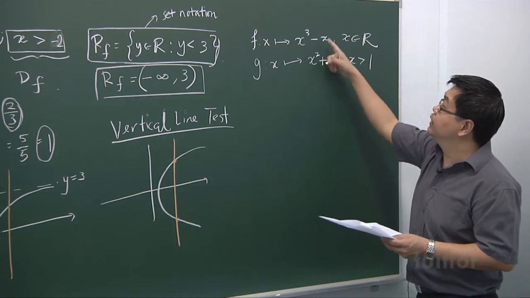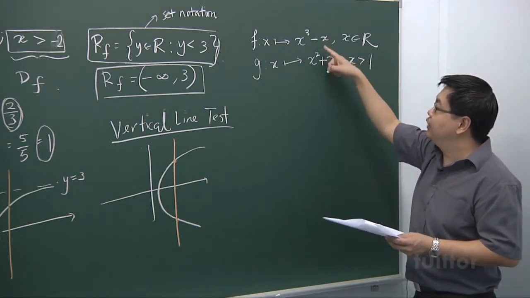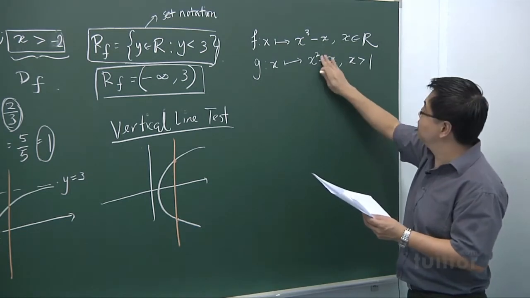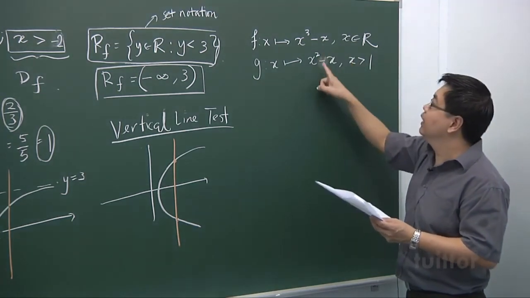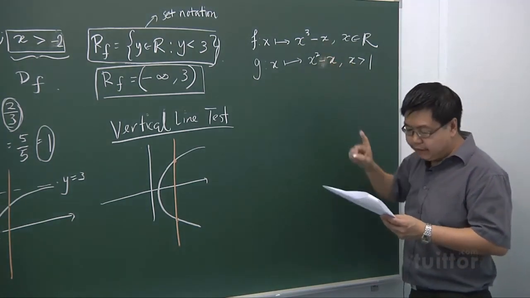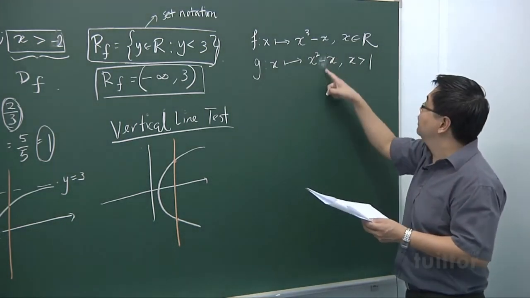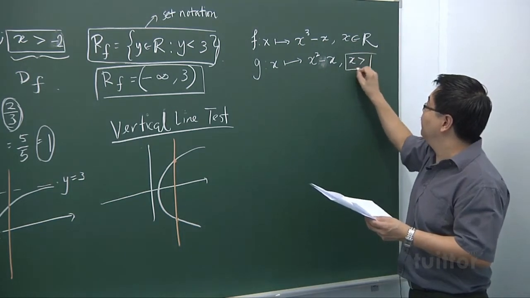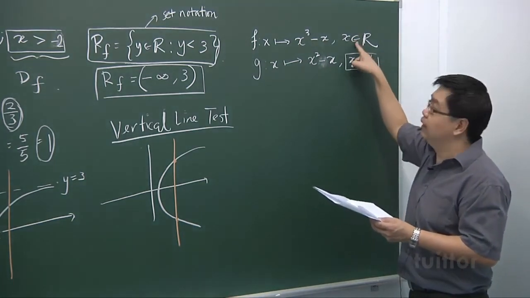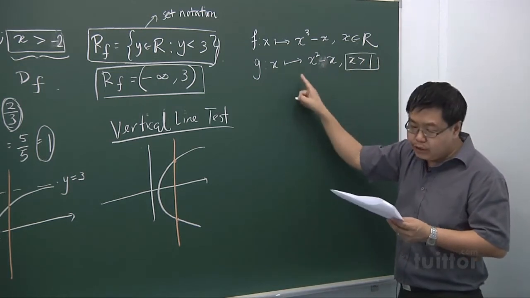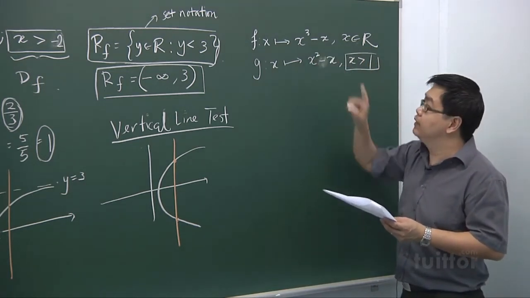These two functions actually have the same rule, this one should be minus x in the notes. However, this domain is only a subset of this domain. So this is actually what we call a restricted function of this f.